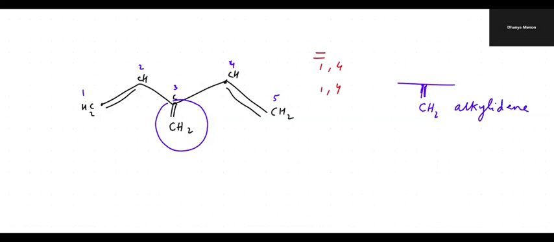When a substituent is connected directly by a double bond to the main chain, it is called alkylidene. In this case there is only one carbon atom, so the methyl group is called methylidene. Here the substituent is at the third position, and it is called methylidene: 3-methylidene.